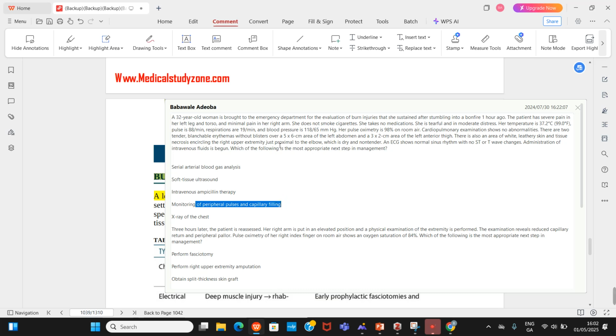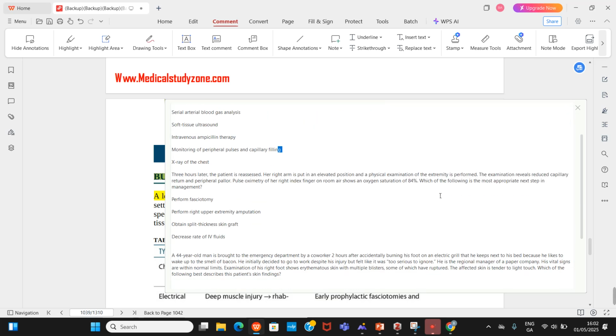Don't forget, it is just proximal to the elbow. That hand can go at any time. So immediately you want to schedule this guy for escarotomy, and you want to monitor the peripheral pulses. So this one has no role. I think somebody picked A. Arterial blood analysis, no. When somebody needs escarotomy, this one is much more urgent than that.